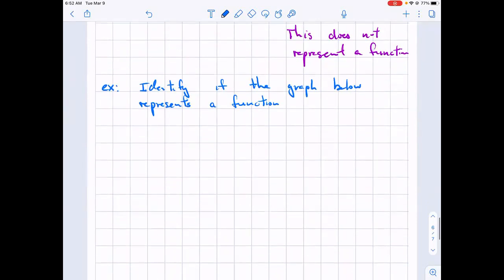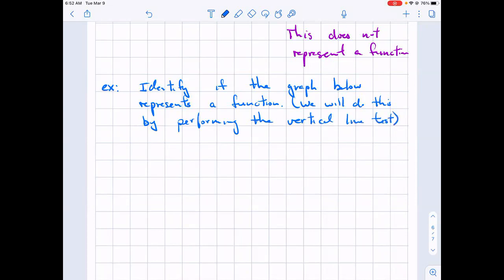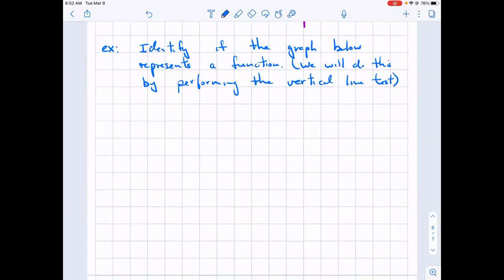And notice we will do this by performing the vertical line test. The first one we'll look back at is one that we did above. It's the parabola.